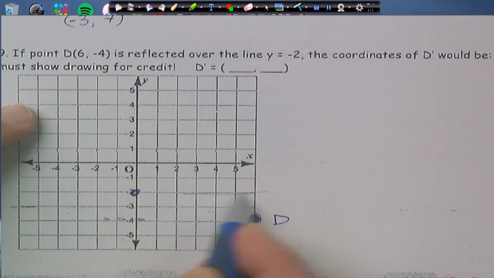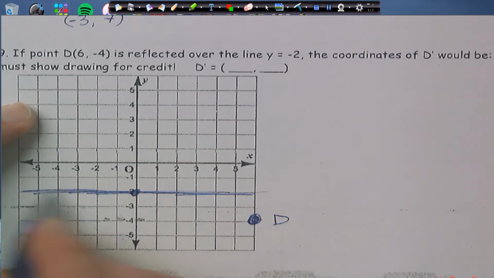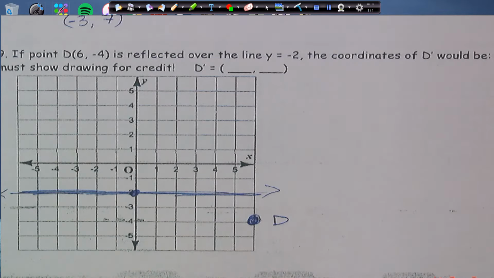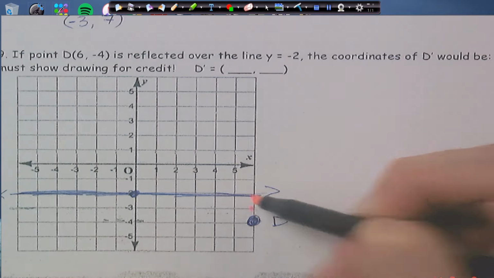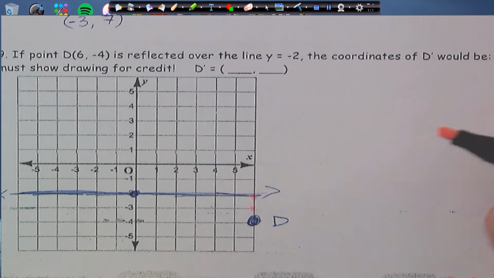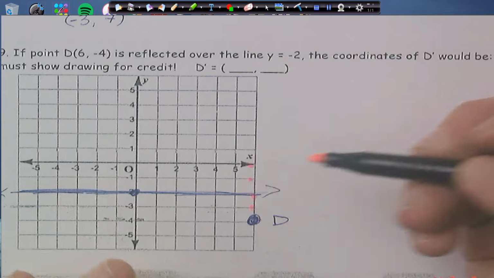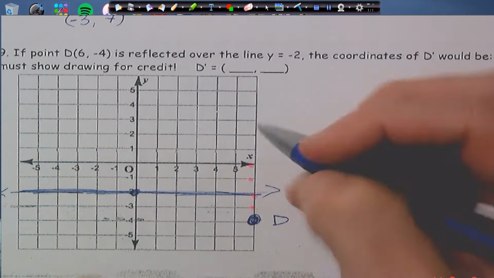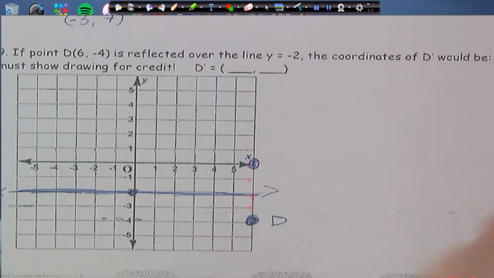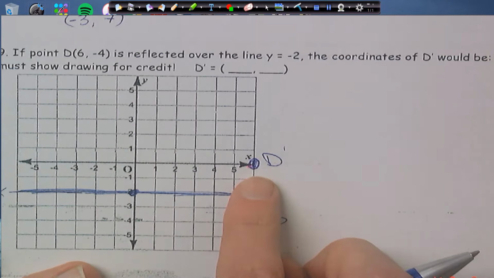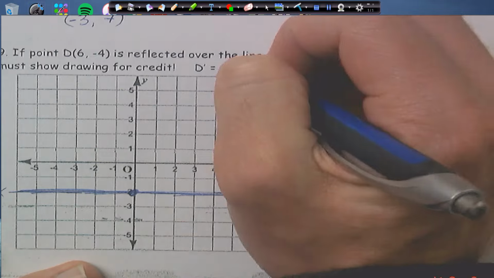So we're going to draw a horizontal line, and we're going to reflect over this line. When we reflect over the line, we want to count the distance from the line to the other one. So from here to here, that's 2 points. And if it's 2 points this way, we're going to go 2 points up here. And we get this point right there. And that's D prime, and that's at 6, 0.